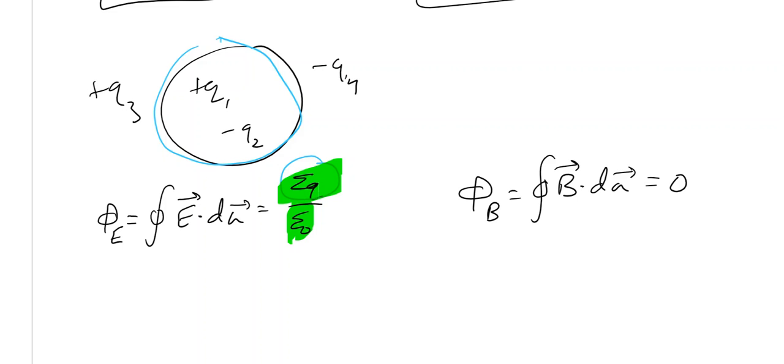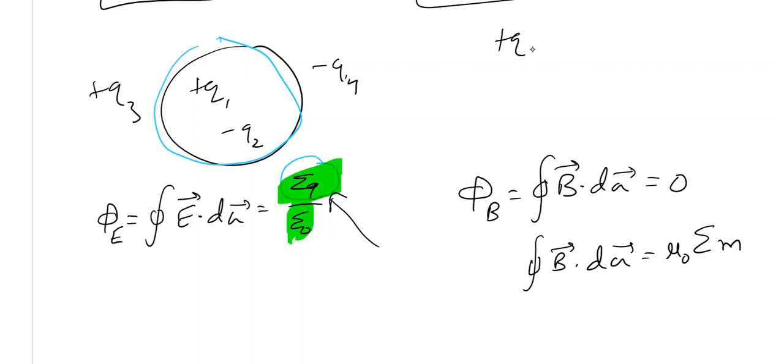So the formula should have been B dot dA is equal to mu 0 sigma m, because the role of charge is now played by magnetic poles. Instead of positive charge, we have north pole, and instead of negative charge, we have south pole.